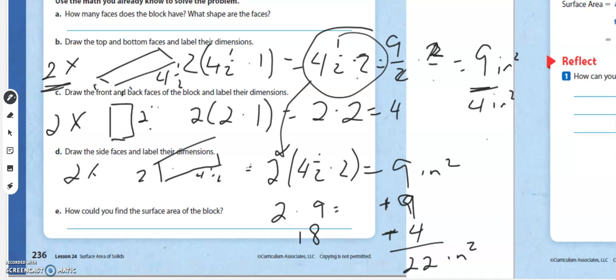So this one is not 9 inches squared. This one's going to be 18. And so that means that the total is not 22 inches. The total is 31.